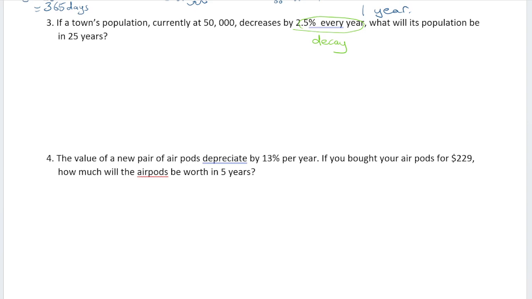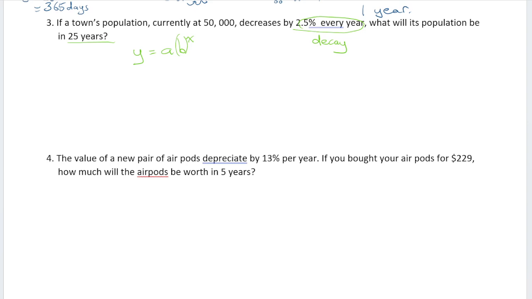I'm just given a rate of decay. So what will its population be in 25 years? So if it's growth or decay, but it's not doubling or half-life, that means it is just a normal exponential. Y is equal to a times b to the x.